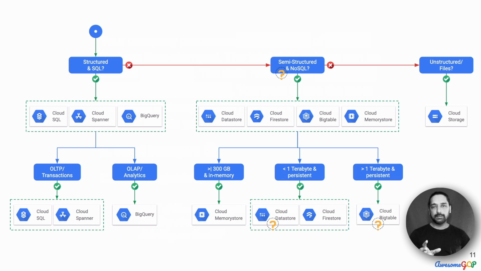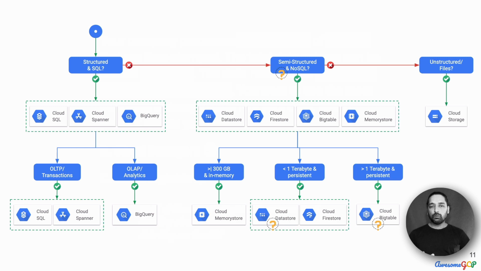Looking back at this flowchart again, we have ticked off the part that the data is semi-structured or NoSQL, and then we've got an array of options, including Datastore, Filestore, Bigtable, Memorystore, and there could be others. So on that, both Cloud Datastore and Cloud Bigtable are reasonable options. Now let's go one level down on the flowchart and see what is the size of data that this is optimized for.